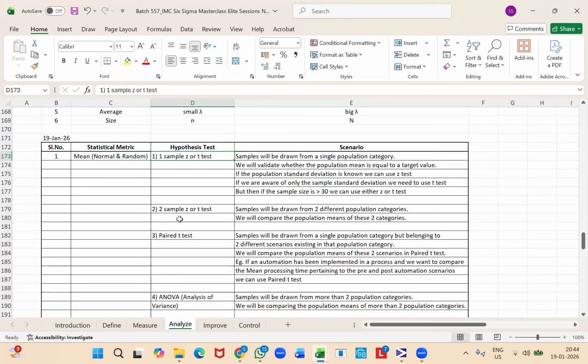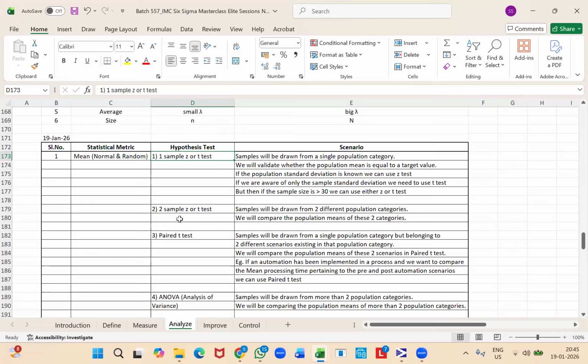So that being the case, you will end up applying T test for solving these exercises, right? You'll be applying one sample T test for solving these exercises. So if population standard deviation is given, then we will apply Z test. But if sample standard deviation alone is known and it is given in the case scenario, we will apply T test. So that is the logic.